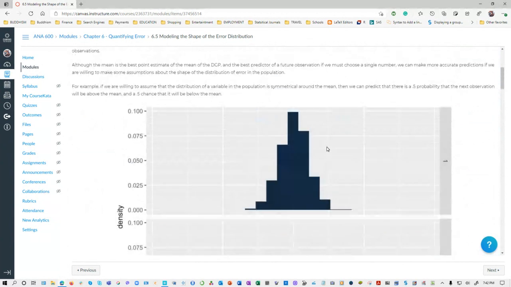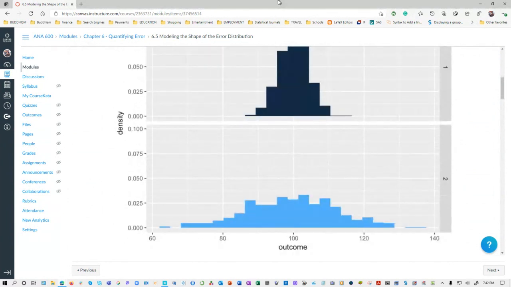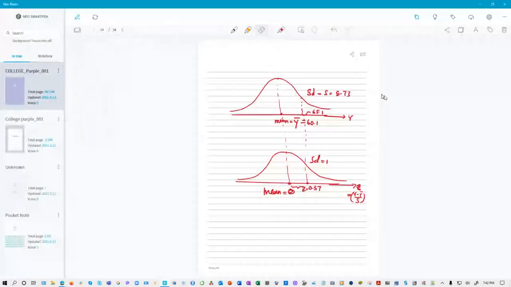Let me explain this very clearly. They have two distributions.